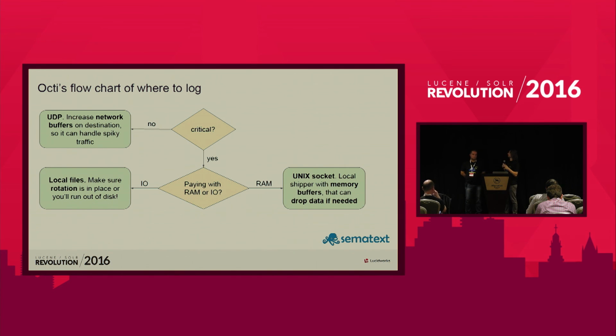So we tried to make this flowchart to simplify the options. Basically, if your logging isn't critical, UDP is a good choice, assuming that the next hop can process data even during spiky times.